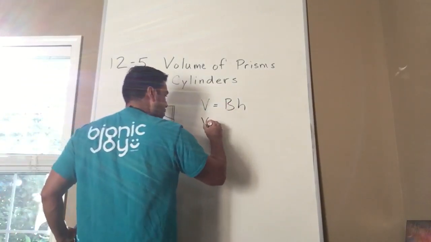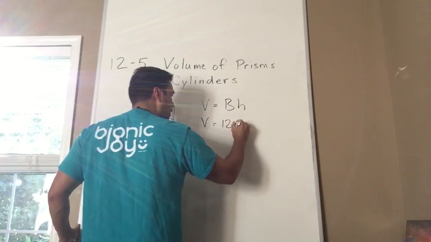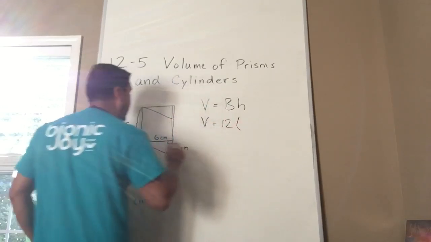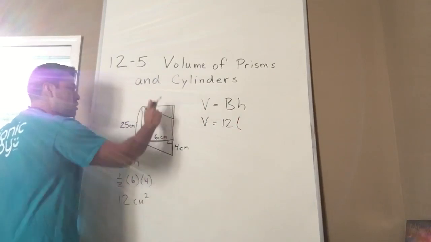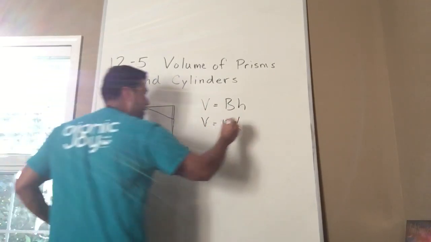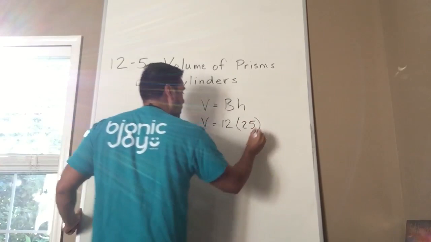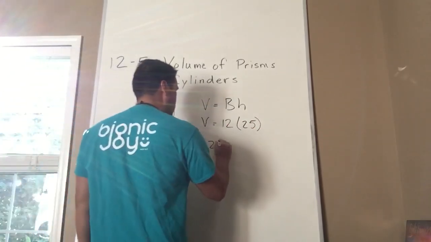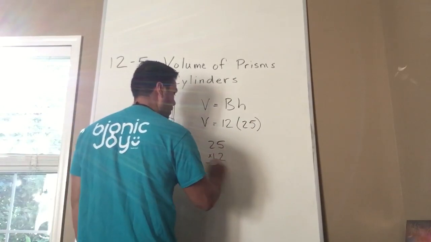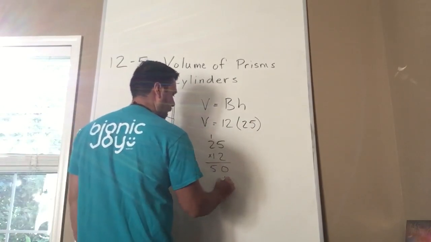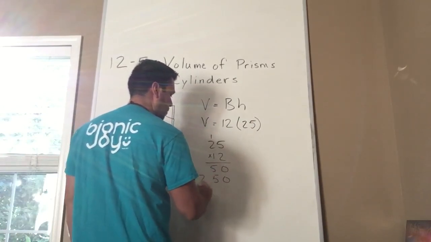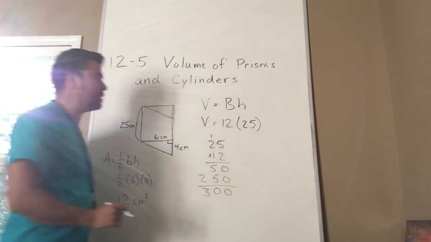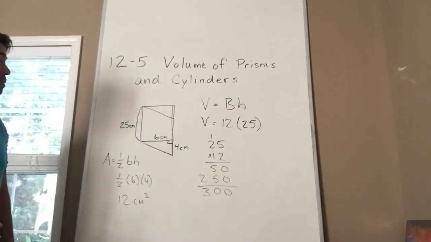So volume equals 12 square centimeters, which we'll leave there. And then the height, the distance between the bases, is 25. So then what I have to do is multiply these 2 together. 25 times 12. And that will give me the volume in this case.